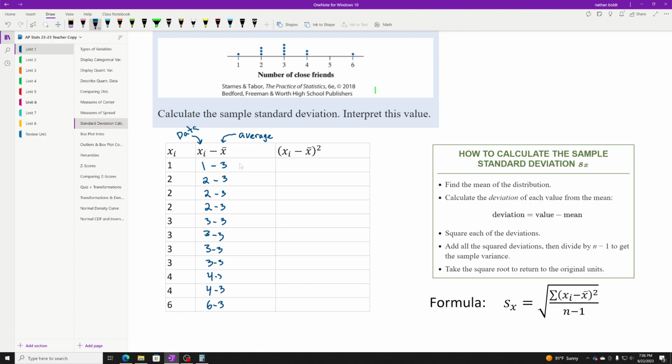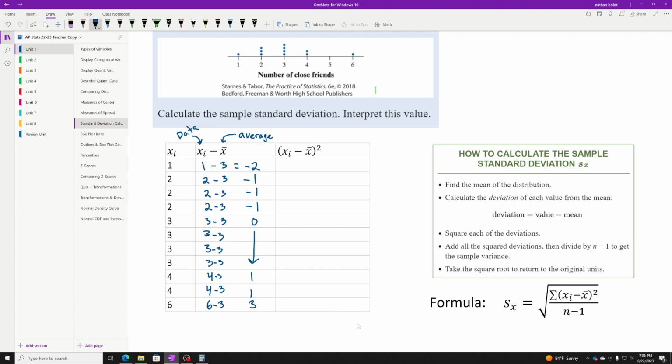All right, so inside those parentheses, we're going to get -2, -1, -1, -1. All of these are going to be 0, and 2 1s, and a 3.